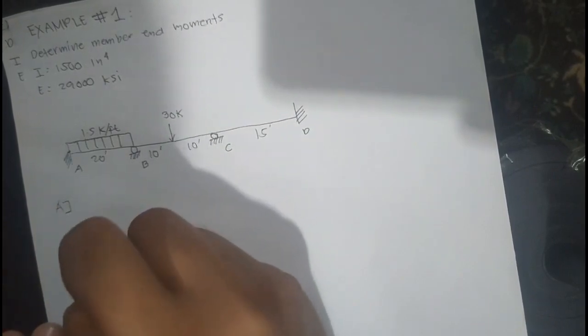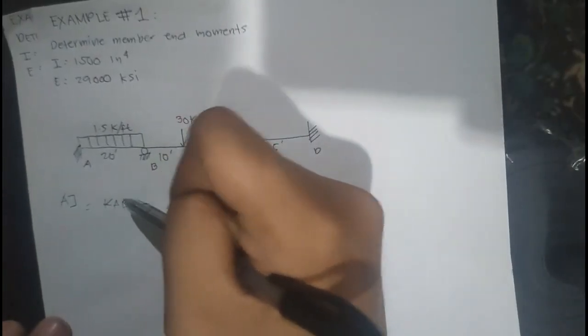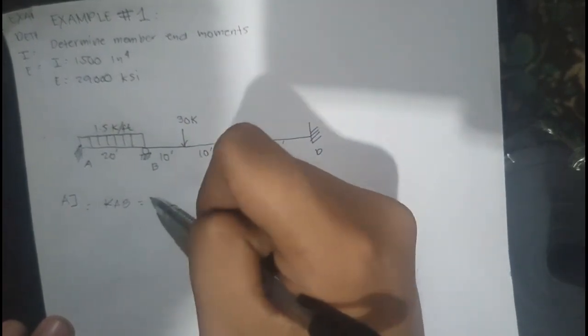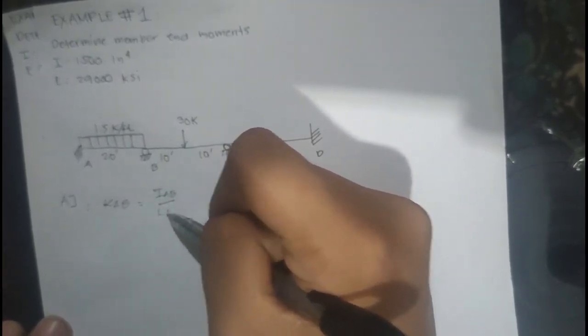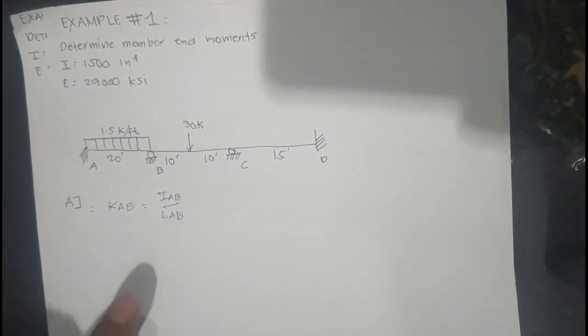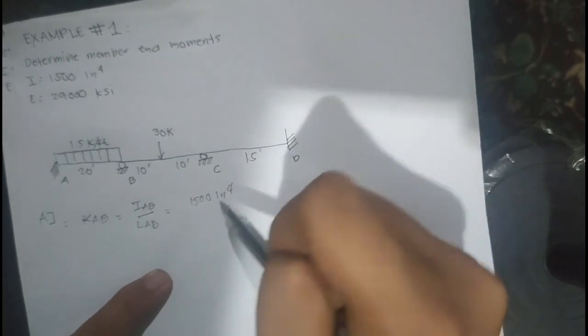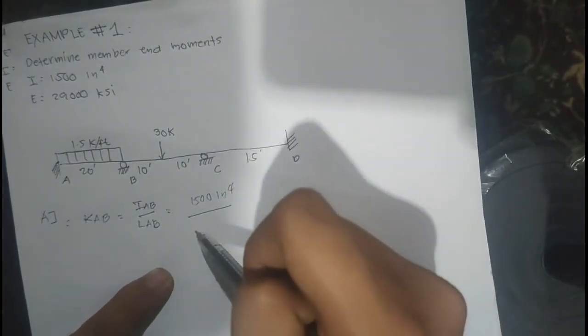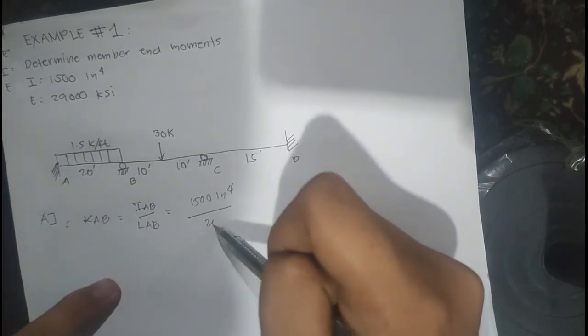KAB equals IAB over L. Since the far end is fixed, the formula we will use is I over L. So our I equals 1,500 inch to the 4th over our L equals 20 feet.